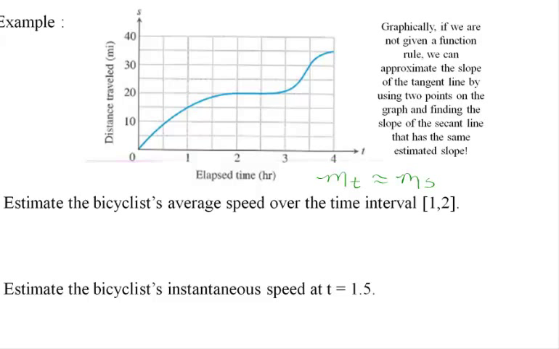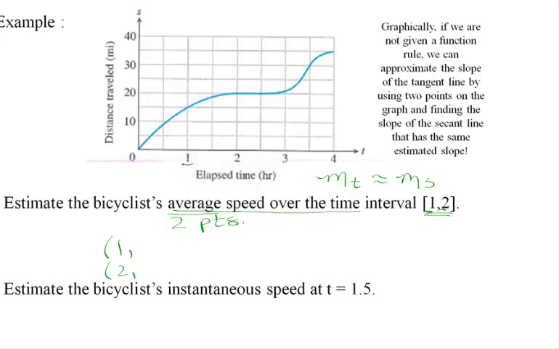But first of all, let's estimate the average speed over this interval. If they want average, they better give me 2 points. And they do. I start at t equal 1 and stop at t equal 2. So I have 2 points, 1 something and 2 something. Well, I don't have a function rule to plug those t values into.